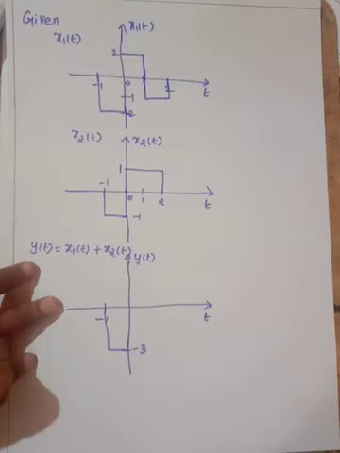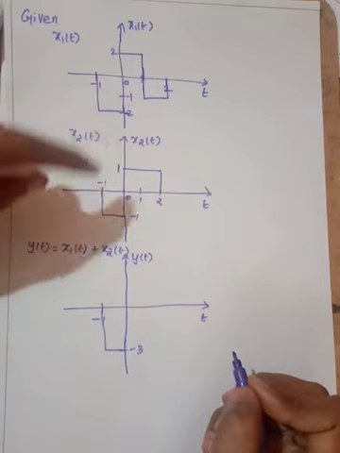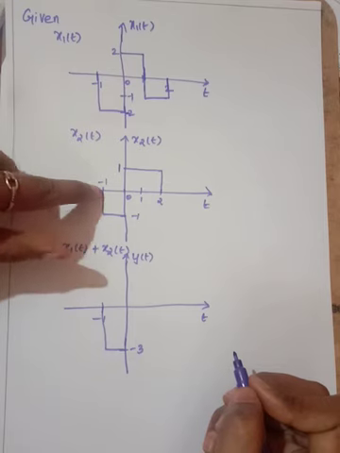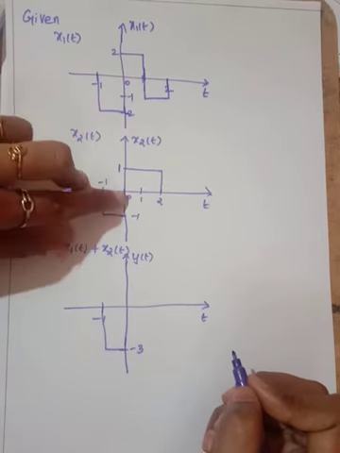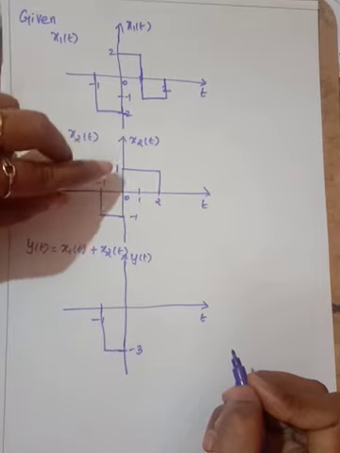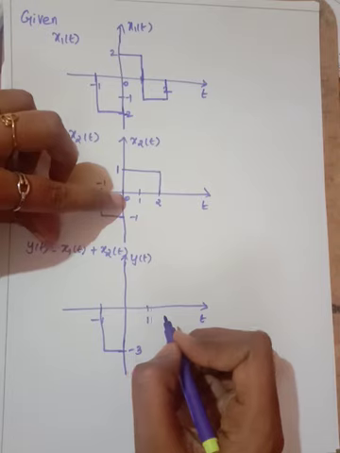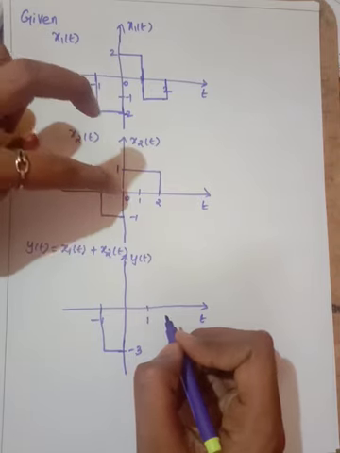So the signal looks like this. I have added these two. In the discrete case, we add only the value at the corresponding instant. Here you have values at all instants of t in a continuous time signal. Now consider 0 to 1. In a continuous time signal, we need to find the range.